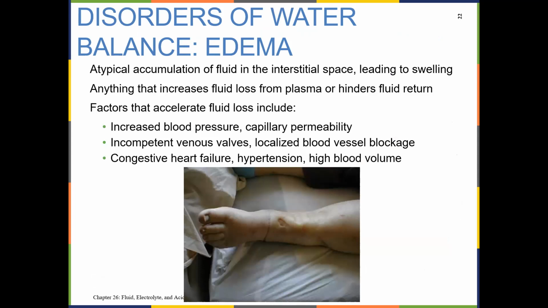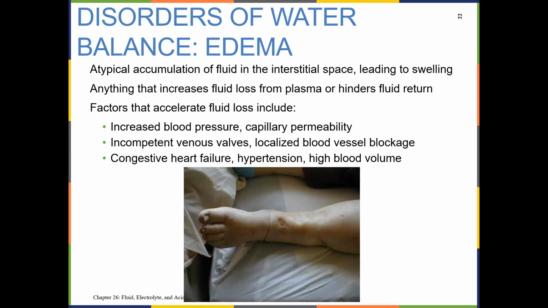Histamine is a vasodilator, and histamine also causes plasma to leak out. Not only do blood vessels vasodilate, but the clefts, the openings, become larger, and more plasma leaks out to become interstitial fluid. And it goes into the spaces around the cells, and we get swelling.